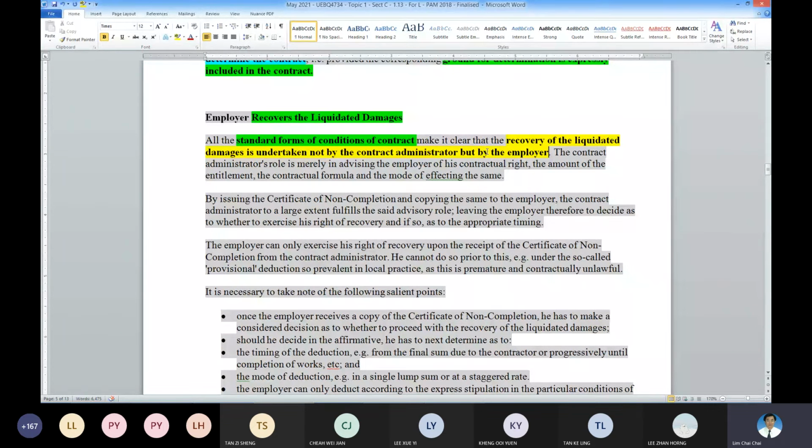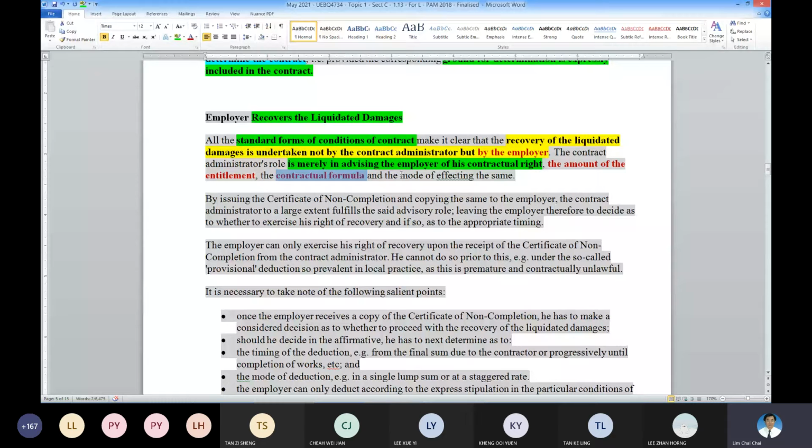The contract administrator's role is merely advising the employer of the contractual rights: the amount, the formula, and also the mode of effecting the same, how to take it out.